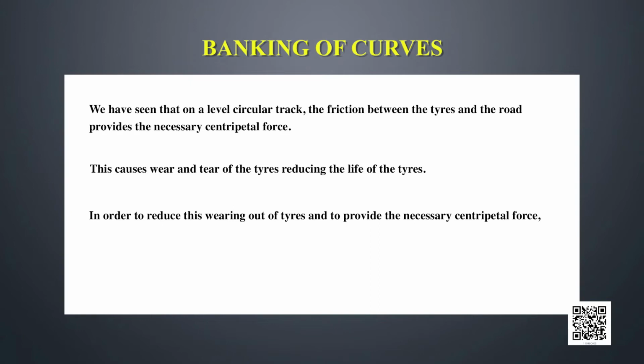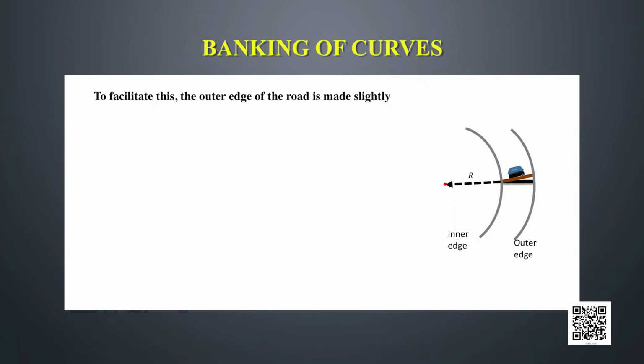In order to reduce the wearing out of tires and to provide the necessary centripetal force, the roads are banked at the curves. That is, the outer edge of the road is raised with respect to the inner edge through a small angle theta, as is clear from the diagram. So, the outer edge is slightly higher than the inner edge of the road.